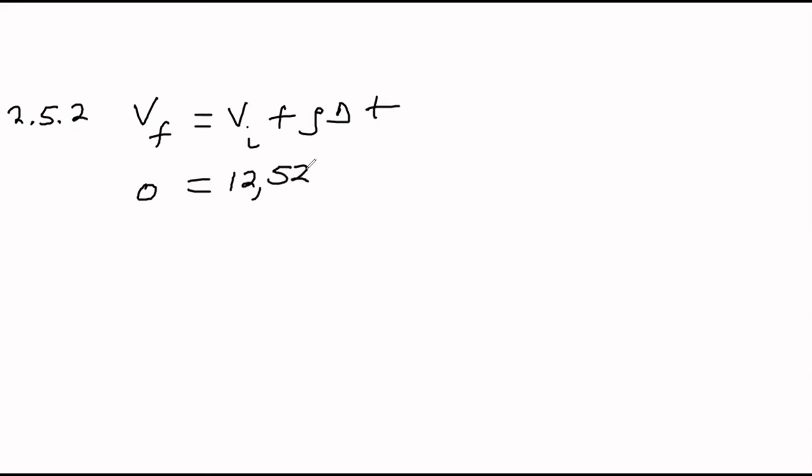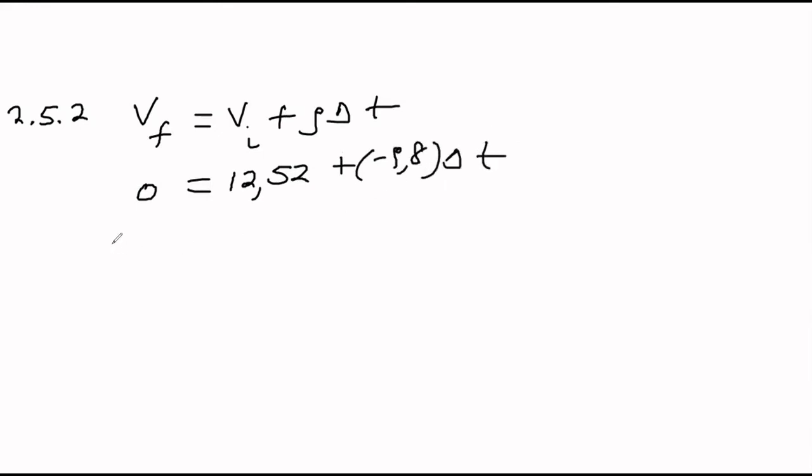Okay, we can use this formula, V final equal to V initial plus G delta T. Let's substitute. Final velocity at maximum height is 0. The initial velocity when the object bounces off, we got it in the previous question, is 12,52. Then G is downwards, which is negative 9,8.